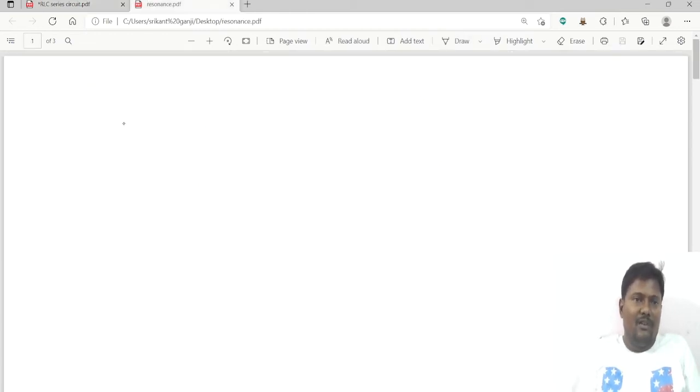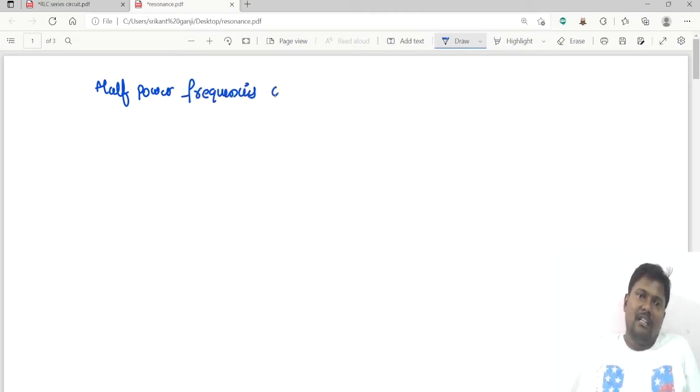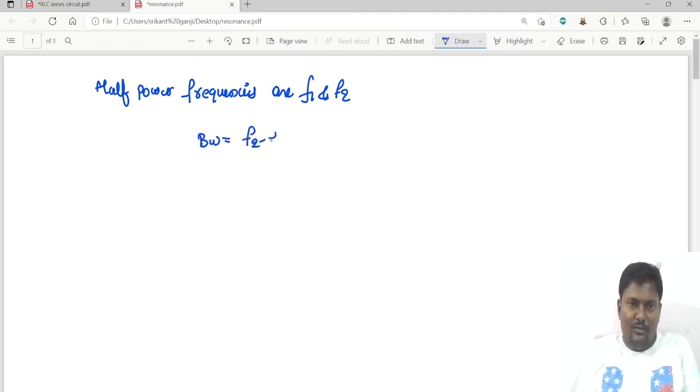So bandwidth is equal to F2 minus F1, that is in terms of hertz.